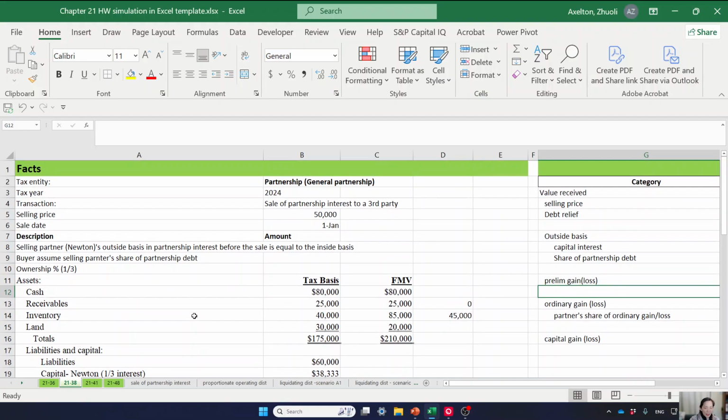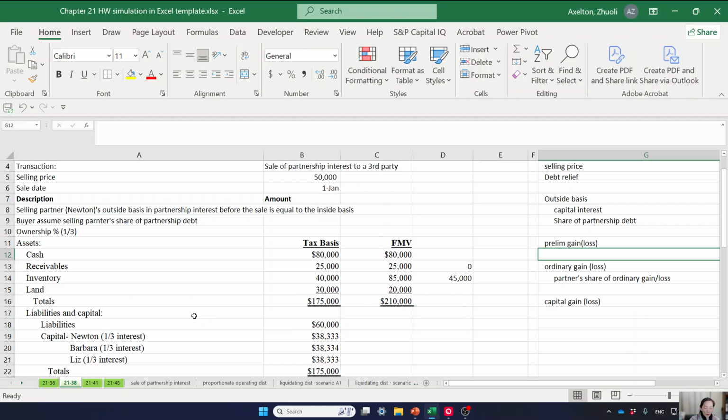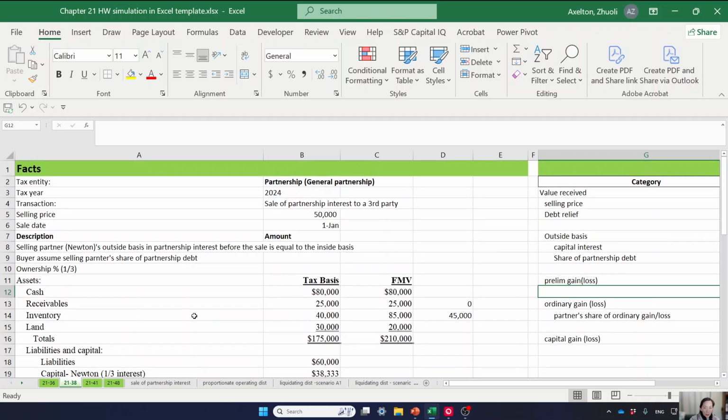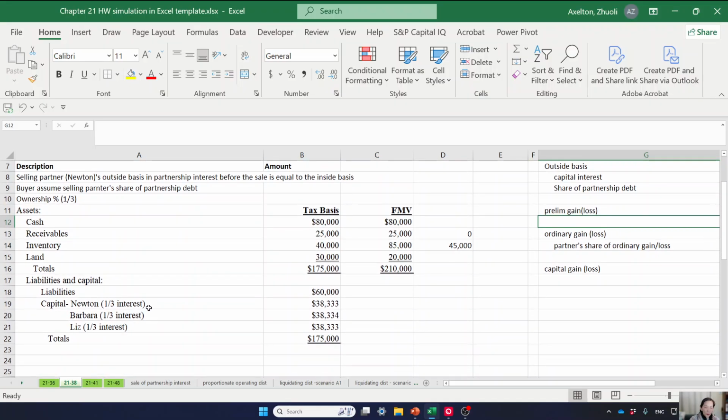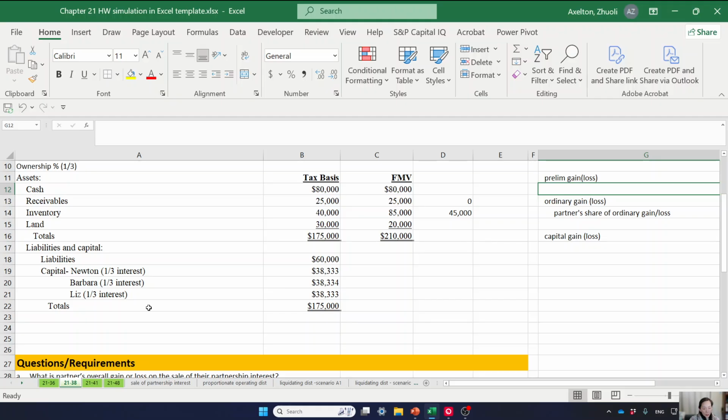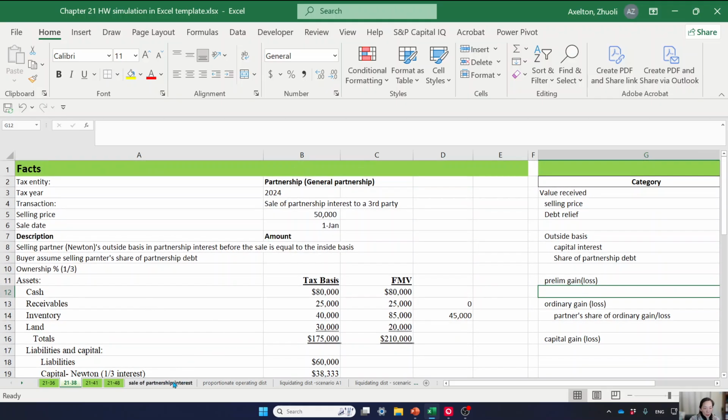So they're very similar. The first step is to figure out the overall gain or loss. The second step is to figure out any gain or loss related to the hot assets, and the third part is to figure out the remaining gain or loss.